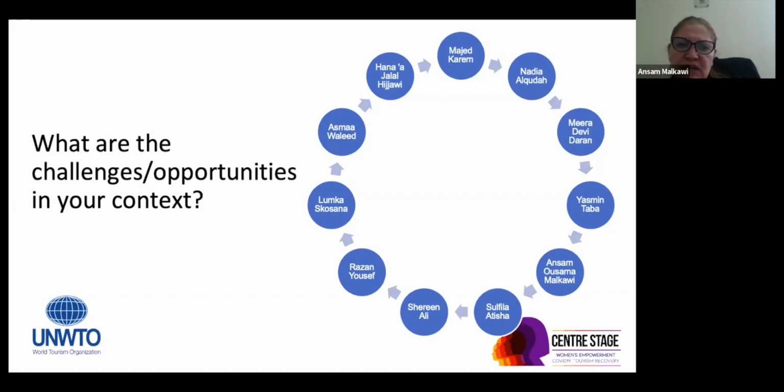But talking about the challenges and opportunities in Jordan and women in tourism in Jordan, if we want to talk about a specific situation that occurred because of COVID-19, many of the employees had to leave their jobs, or they were asked to leave. And if we check, we find that the largest number was women.